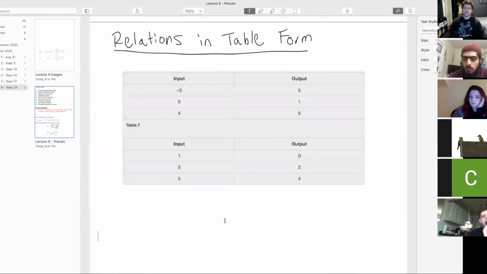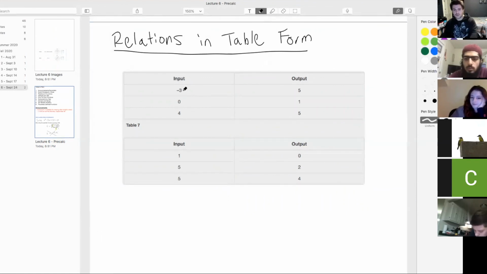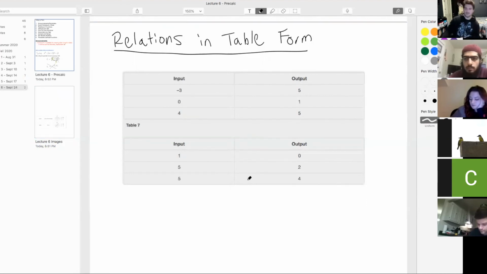Right, so we can also represent relations in a table. Remember we had ordered pairs. In this setup, the ordered pair would be -3, 5. The other ordered pair would be 0, 1, and the other one would be 4, 5. So we can represent relations and functions in table form, like so.